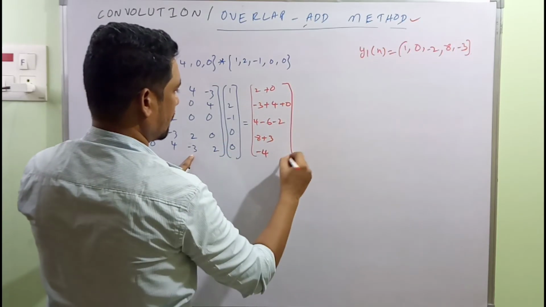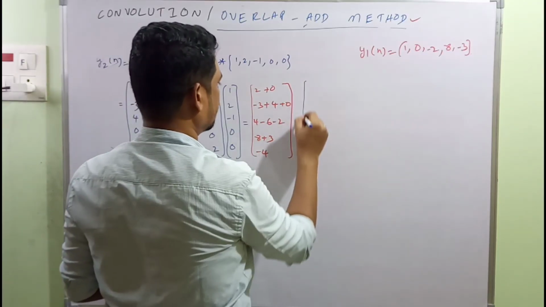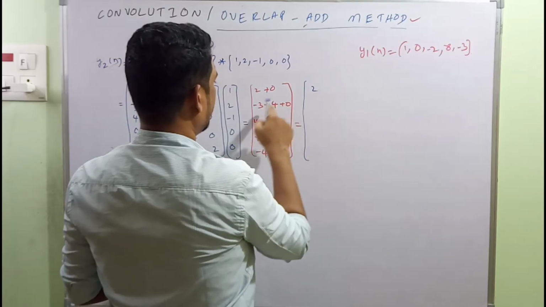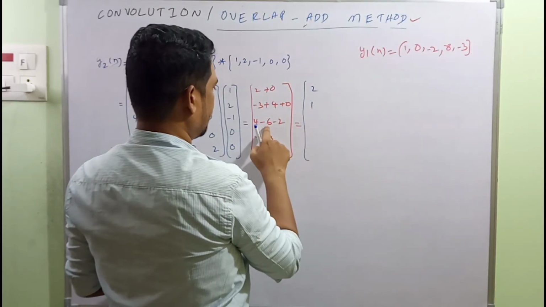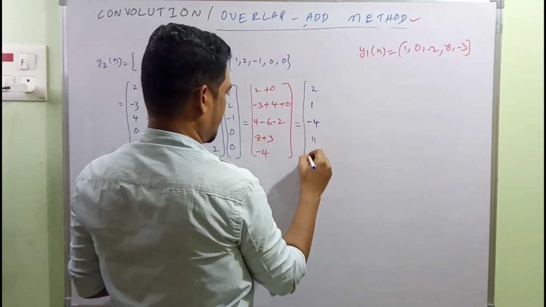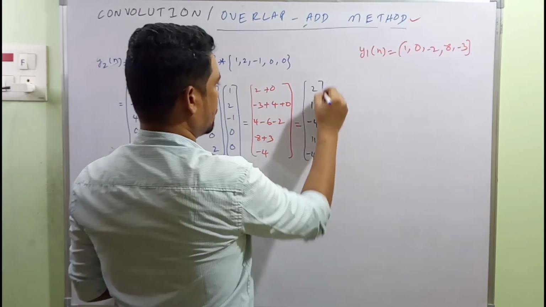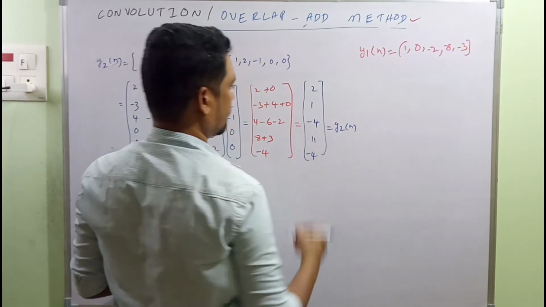So the sequence what we have is 2 over here, it's a 1, and minus 8 minus 4, it's 11, and minus 4 again. So this is the value for y2 of n.